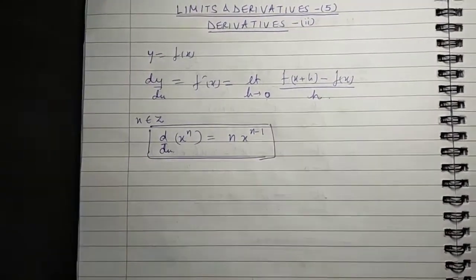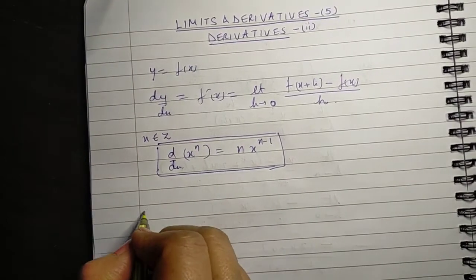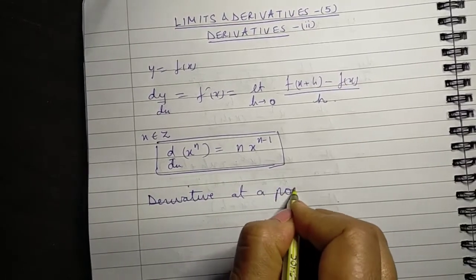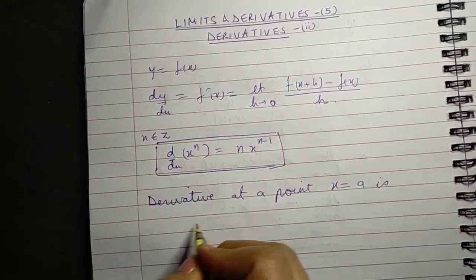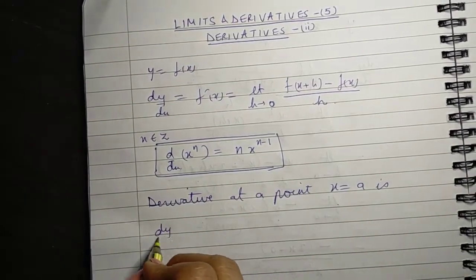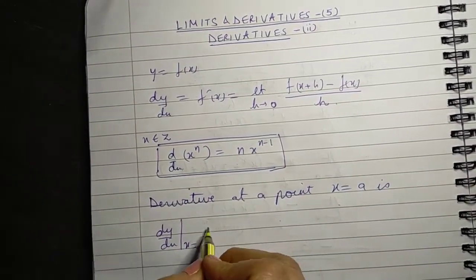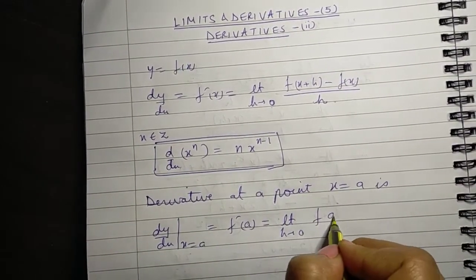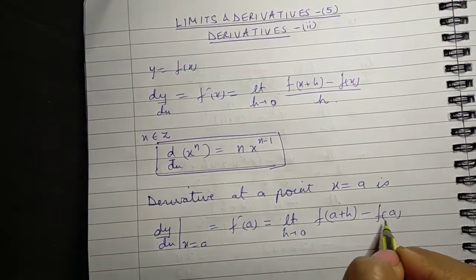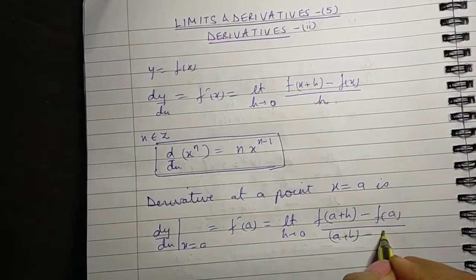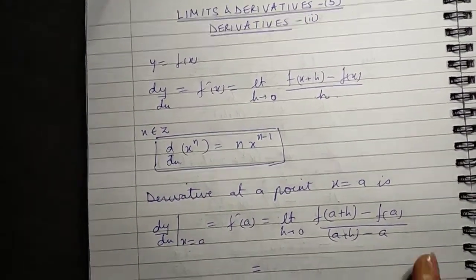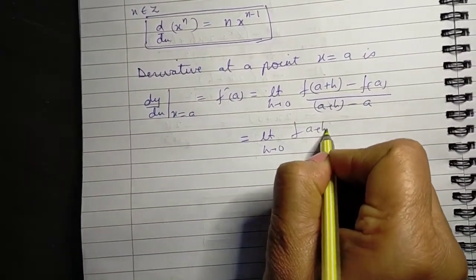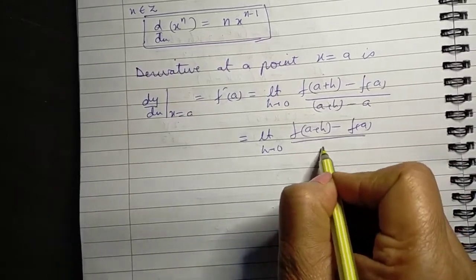Okay, now let us try out the derivative at a point. The derivative at a point x equal to a is defined as dy/dx at x equal to a, or we write it as f'(a), which is the limit as h tends to 0 of f(a plus h) minus f(a) over (a plus h) minus a, which comes out to be the limit as h tends to 0 of f(a plus h) minus f(a) upon h.